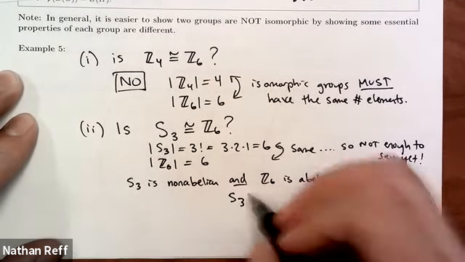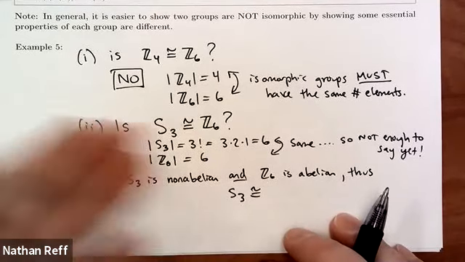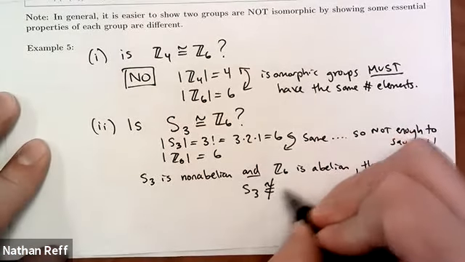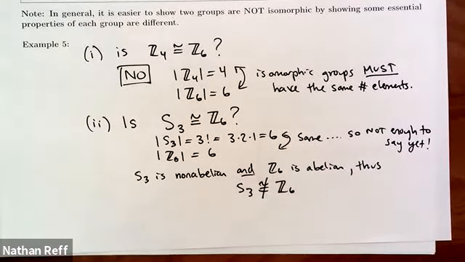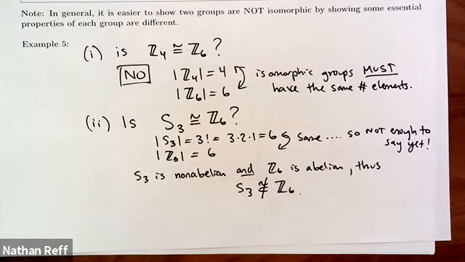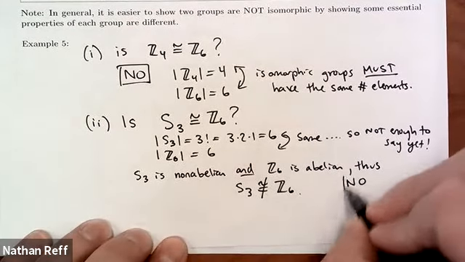Sorry, I thought I made a claim that they were, but it was a question. So S3 is not isomorphic to Z6. You could write it like that, they're not isomorphic. So in other words, the answer is no.